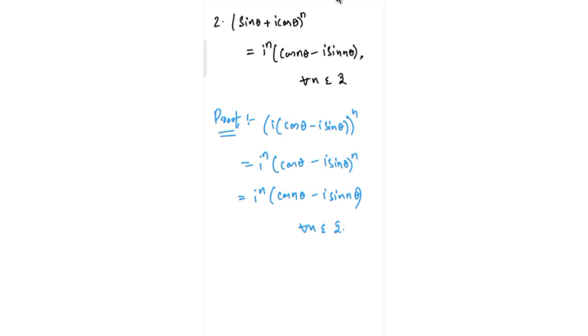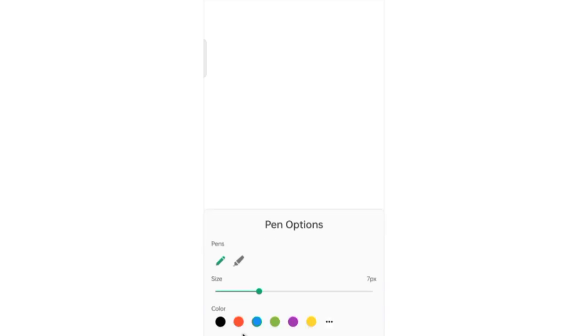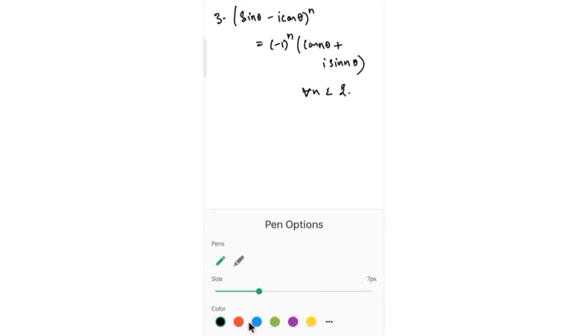That's it. Coming to the third point, third point is (sin theta minus i cos theta) whole power n is equal to (minus i) whole power n into (cos n theta plus i sin n theta), for every n belonging to integers. Again I'll take the proof here.